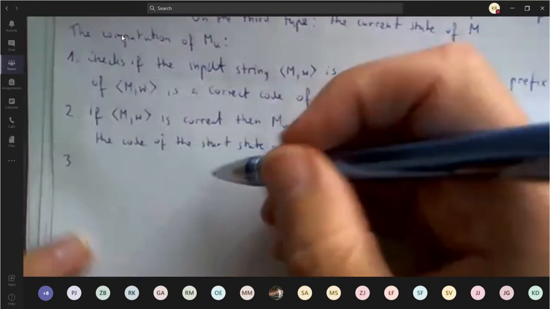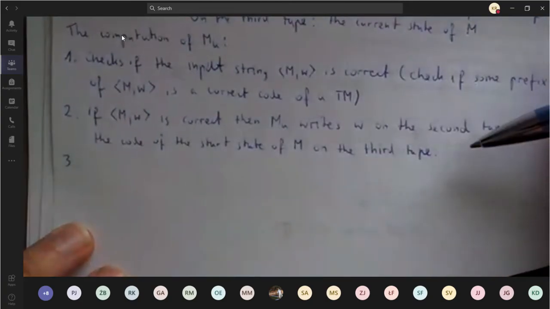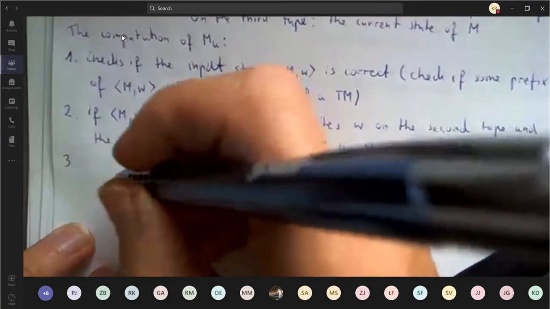Okay, now it will simulate the computation of M on W.